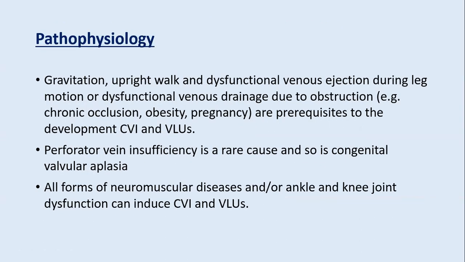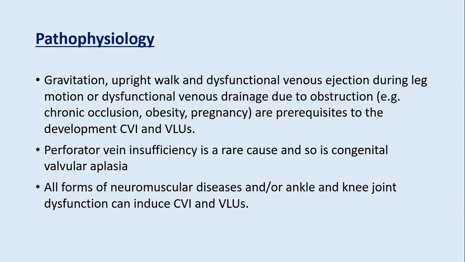Pathophysiology: gravitation, upright walk, and dysfunctional venous ejection during leg motion, dysfunctional venous drainage due to obstruction, for example, chronic occlusion, obesity, or pregnancy, are all the prerequisites to development of chronic venous insufficiency and venous leg ulcer.